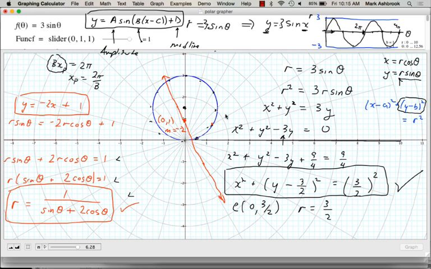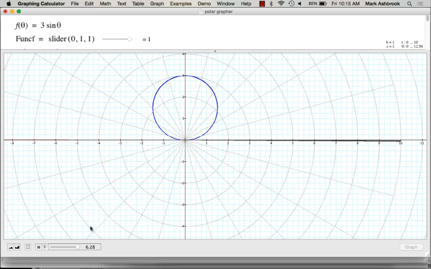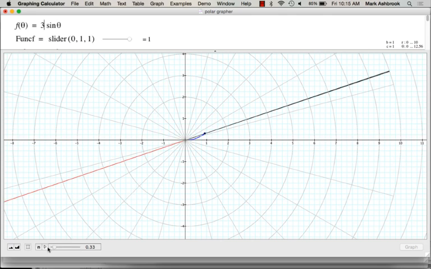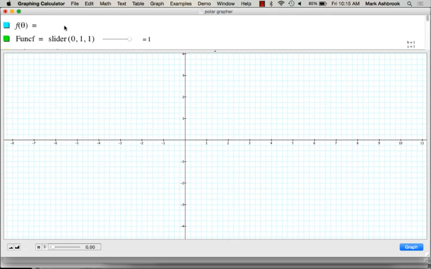Okay, so let's do another example of sketching. Have you try one. So let's try r = 2 cosine theta plus 2. So what are you going to do?